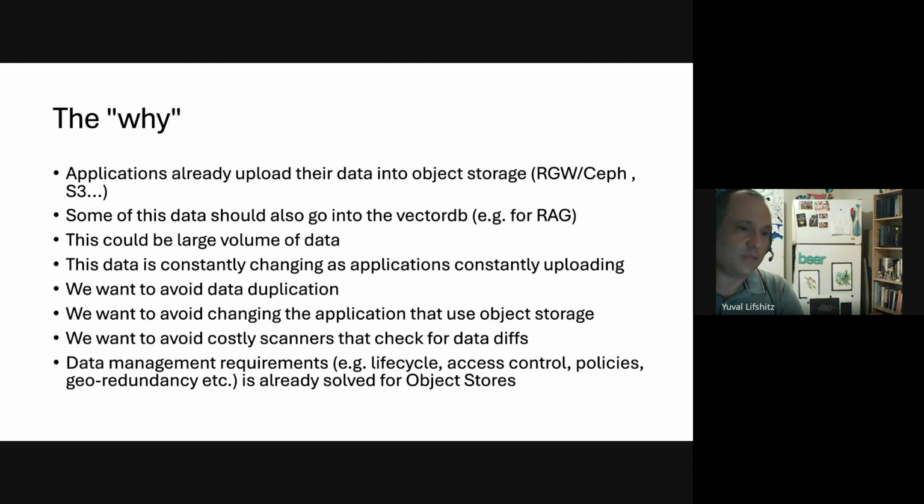So lifecycle of objects, access control, authentication, authorization, policies, geo-redundancy, all of those features that might also be needed in a VectorDB are solved at scale in the object store.